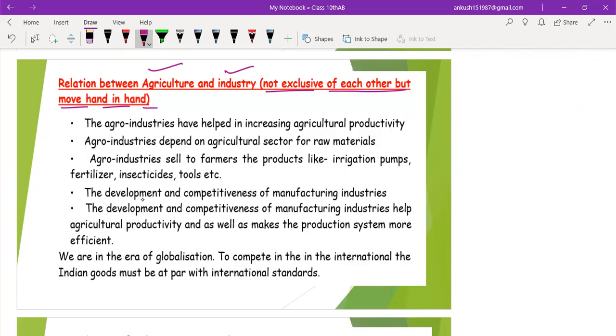Not exclusive of each other in the sense that neither one can be without the other, but they run parallelly. So the agro industries have helped in increasing agricultural productivity. Agro-based industry, I have to say here, agro-based industry.